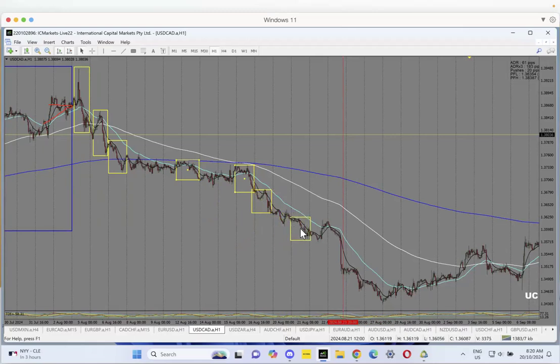Then I'll mark this as my drop. I'll mark this as my drop. Oh, sorry. And then I'll mark this as my drop. Either from there or there, it doesn't matter.